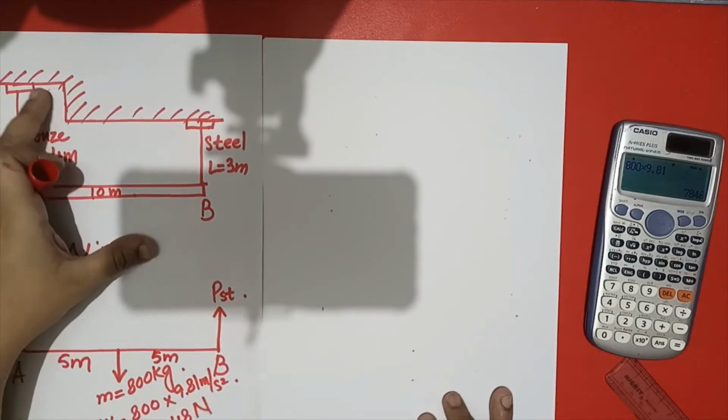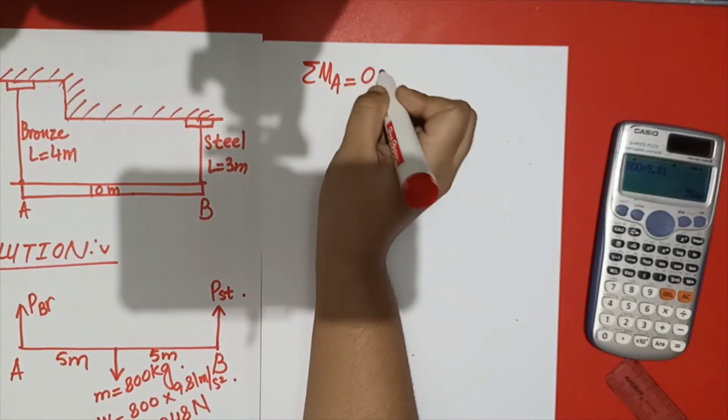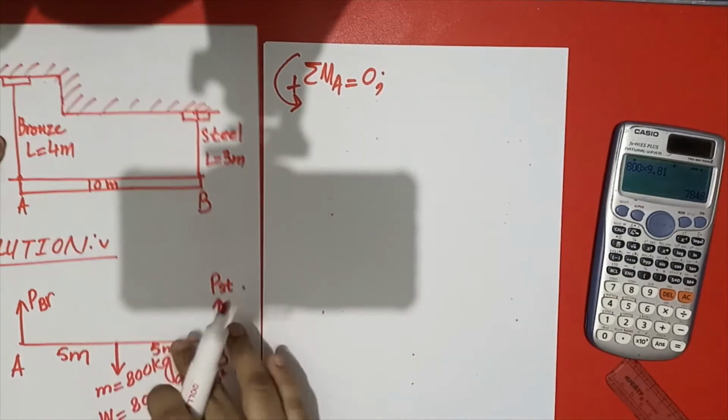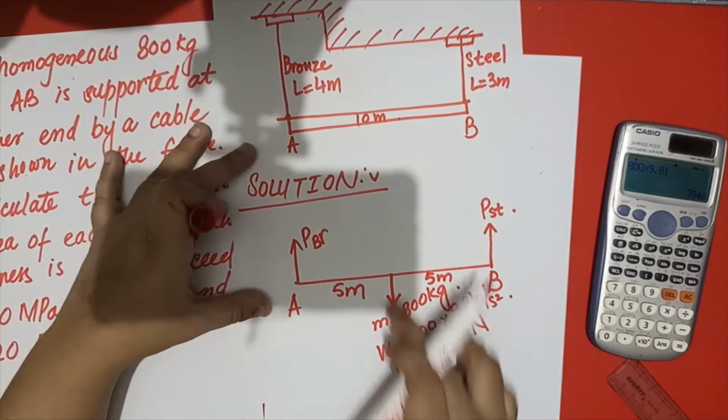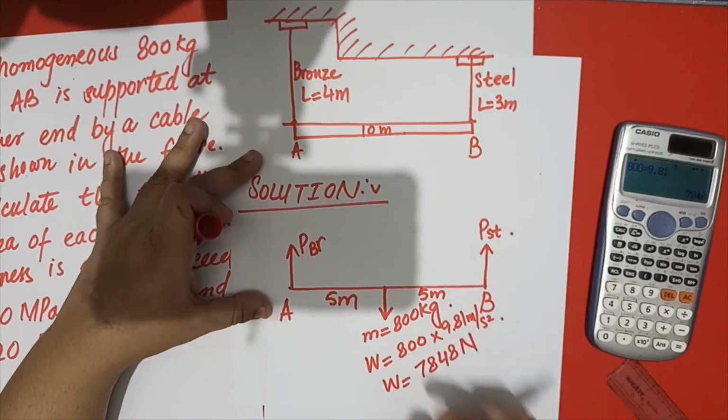Let's start with the summation of moment at A. We take moments of these forces about A. This direction will be negative, this direction should be positive.